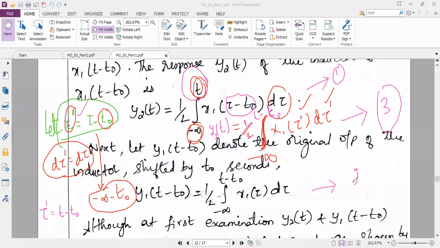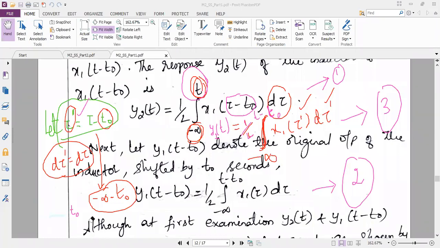Now, can you compare equation 2 and equation 3? I want everyone to compare equation 2 and equation 3. Can you say that the right hand sides are equal? Yes, ma'am.